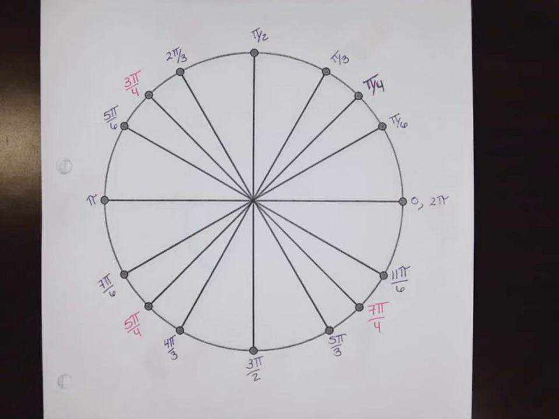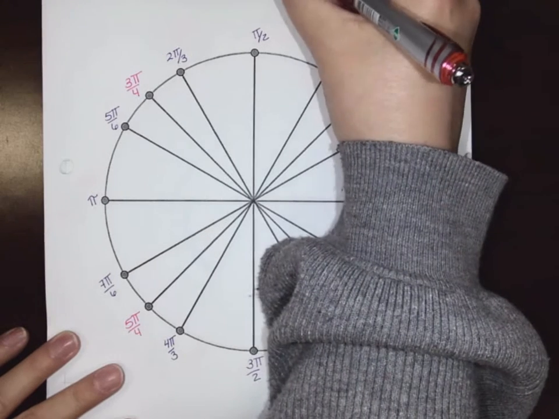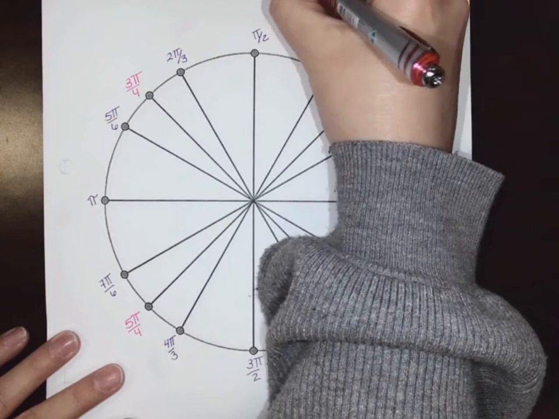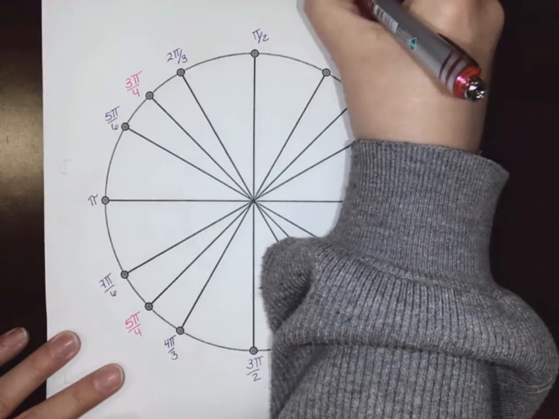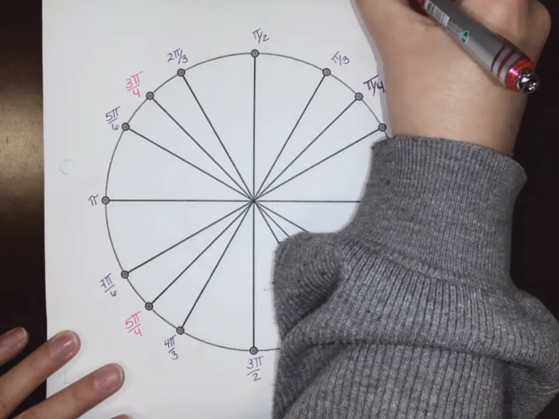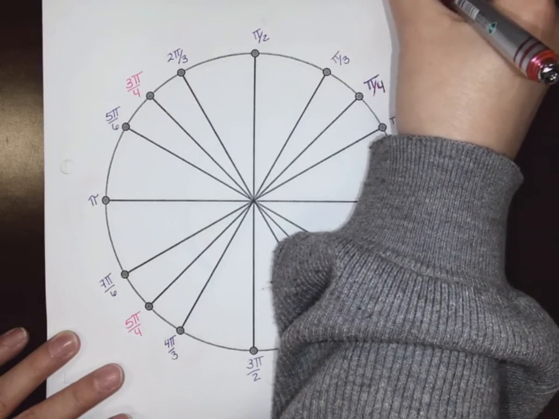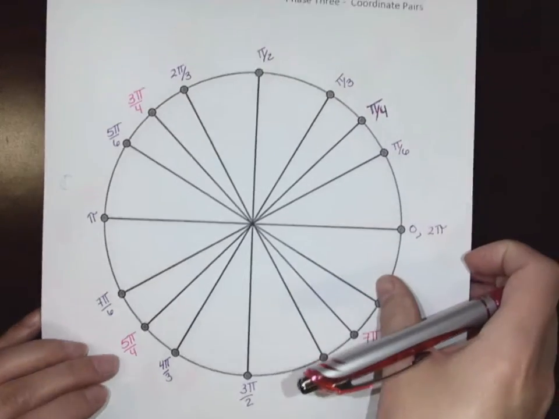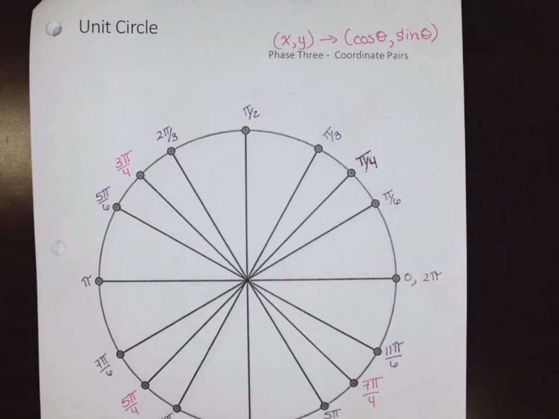Okay. All right. So what you need to know about coordinate pairs is that x, y can be replaced with cos theta, sine theta.